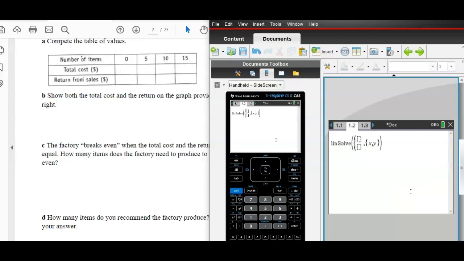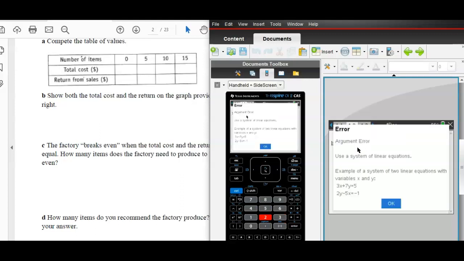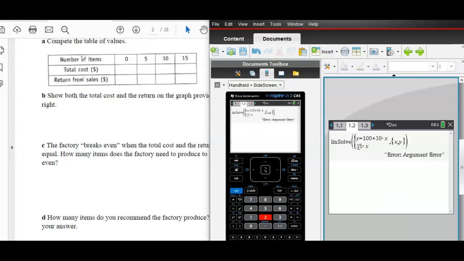All right, so our cost equation was y equals, or c equals, 100 plus 30x, and our second returns equation is 35x. Whoops, I've got the y equals. Sorry, guys.